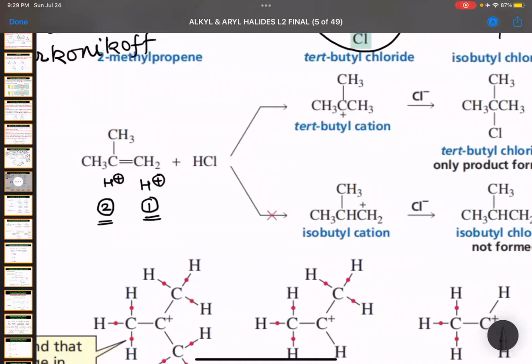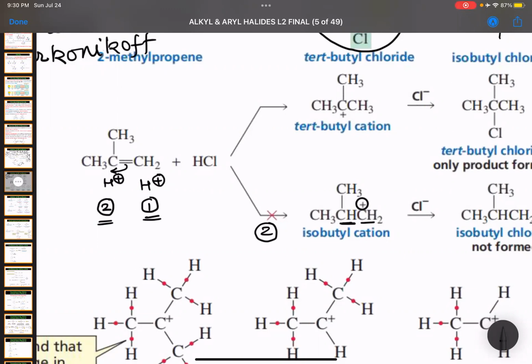Pathway 2. Okay, pathway 2 is like this. The H plus is coming towards the carbon atom. Look here, H plus has joined itself to the middle carbon and the pi bond has shifted towards the H plus, and that has created a plus charge on the CH2. Is it clear?